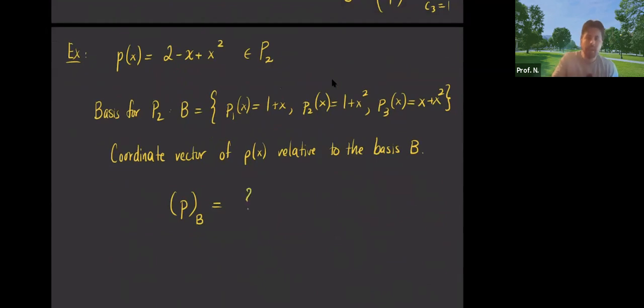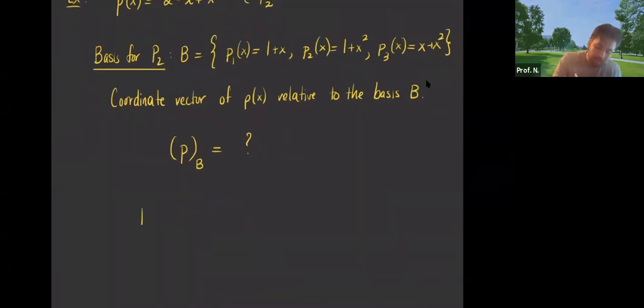Now, how does one do this with polynomials? Is there any difference compared to just treating vectors in R3? There really is no difference from the setup.